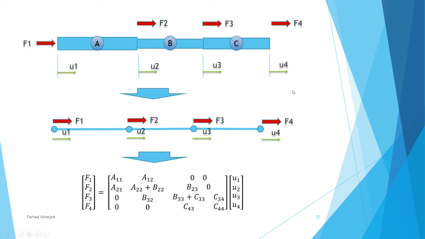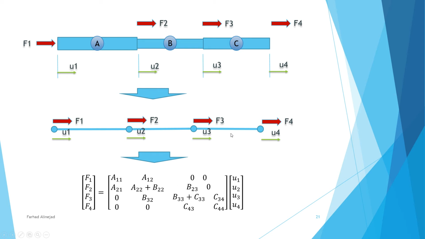And let's review what just happened. We had a system of components and we just translated it into some lines and nodes. And at the end, we extracted one matrix equation.